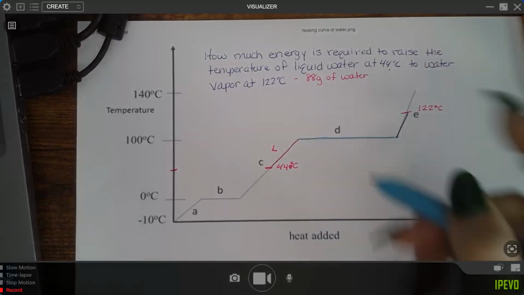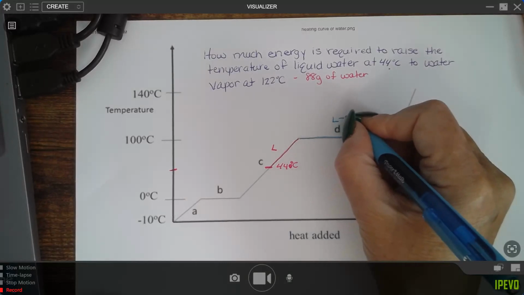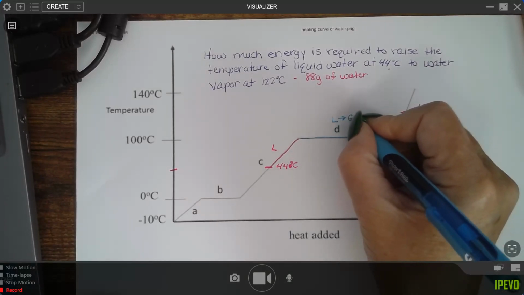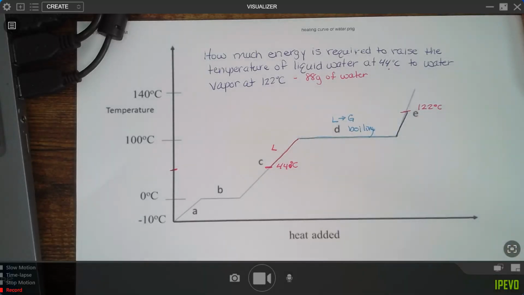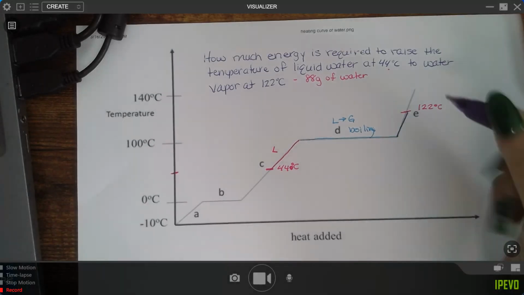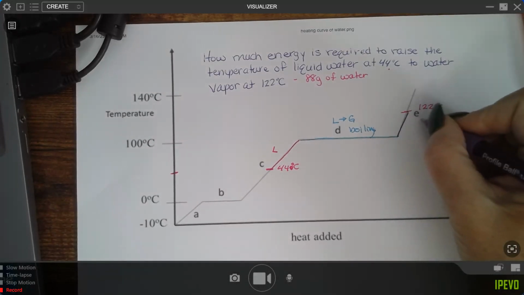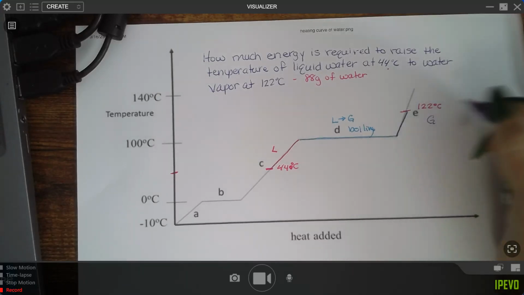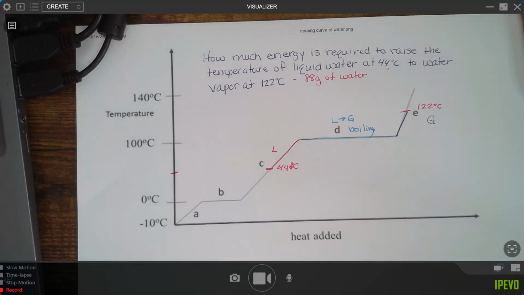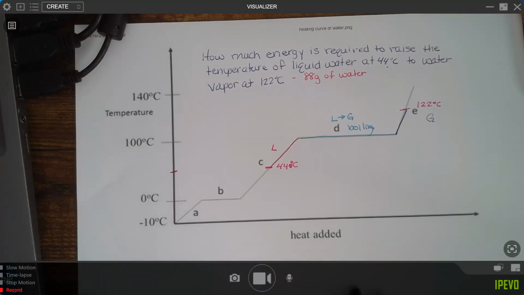The second stage is liquid to gas, so we have boiling. And the final segment, we have just gas, going from 100 to 122 degrees Celsius. So we're heating the gas. Let's take a look at what our calculations look like.